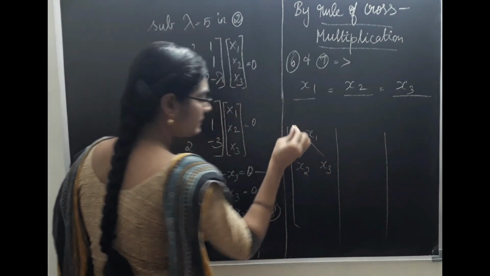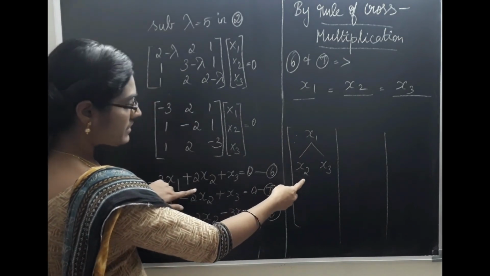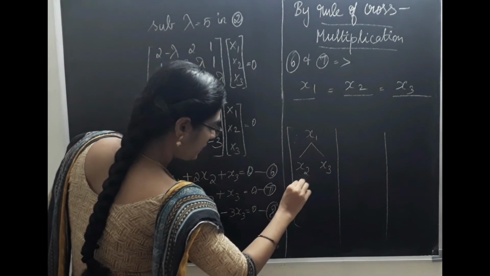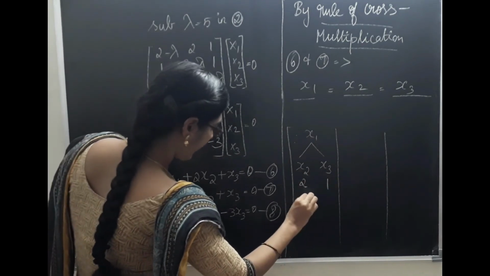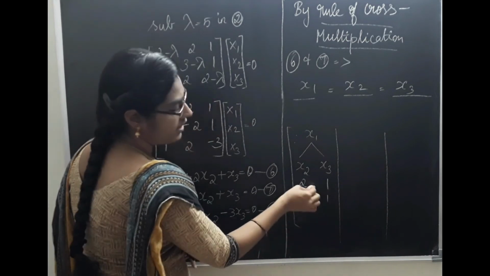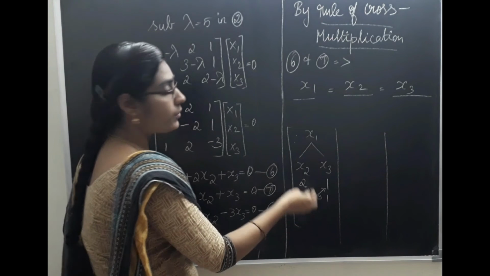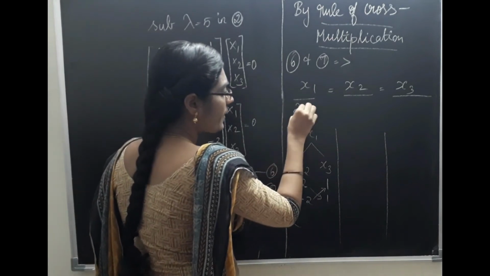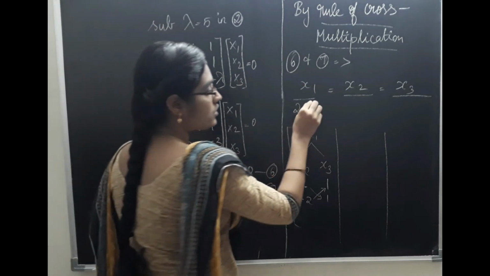This is rough work. First write the coefficients of x2 and x3 from the sixth equation, 2 and 1, and from the seventh equation, minus 2 and 1. Now cross multiply it. We will get 2 into 1 is 2, minus of 1 into minus 2 is minus 2.